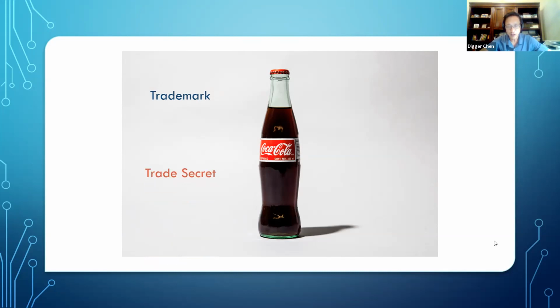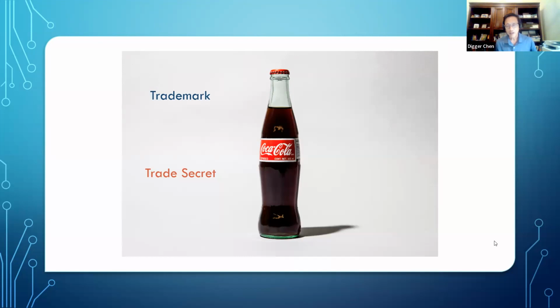Does anyone think of trade secret? The Coca-Cola formula. The company says they have a trade secret, the secret formula, because it is not public. So that's why they have an exclusive formula. Everybody wants to taste the Coca-Cola taste.